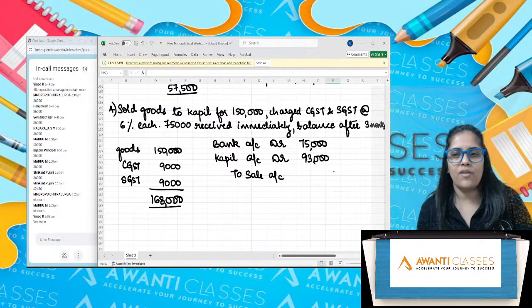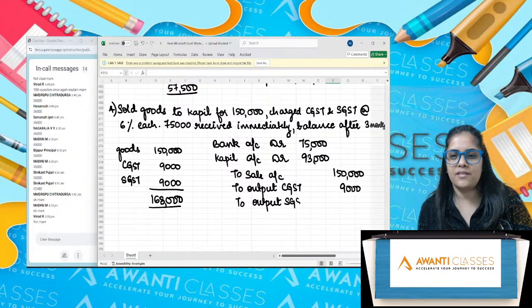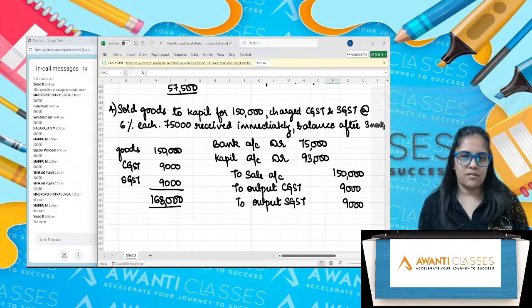Sale is an income. Income will always be credited, for 1,50,000, and towards output CGST we have to collect 9,000 and towards output SGST we have to collect 9,000. Okay?